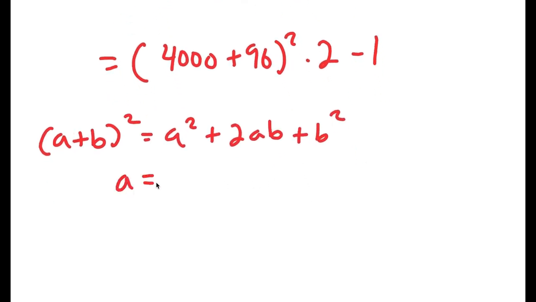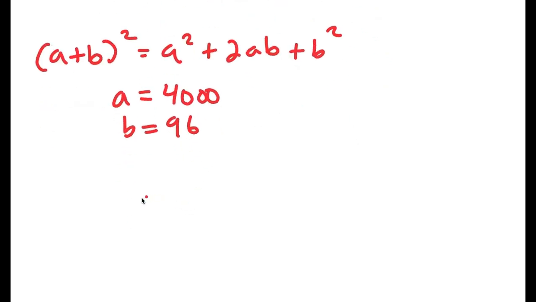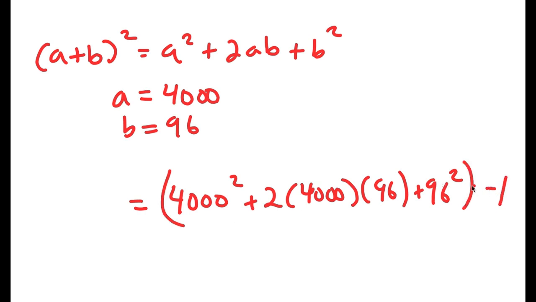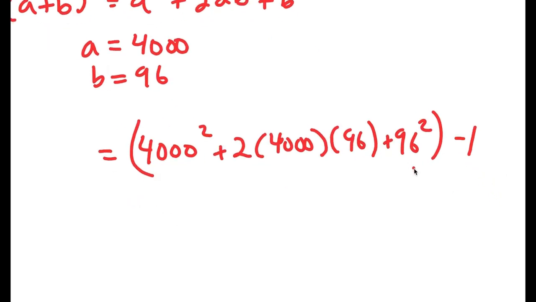So in this case, a is 4000 and b is 96. So this turns into 4000 squared plus 2 times 4000 times 96 plus 96 squared. And I have all of this times 2 minus 1.